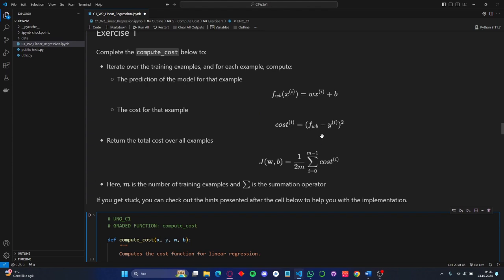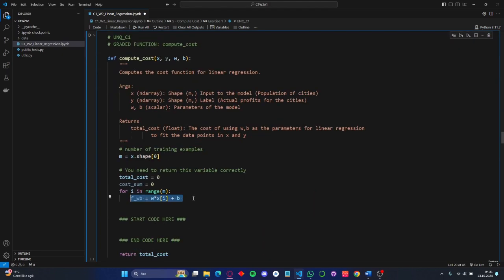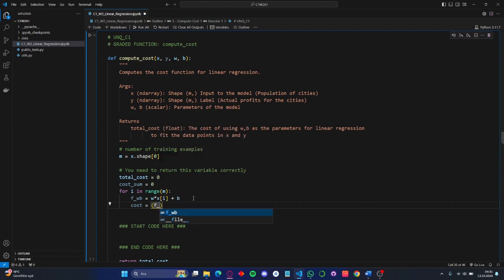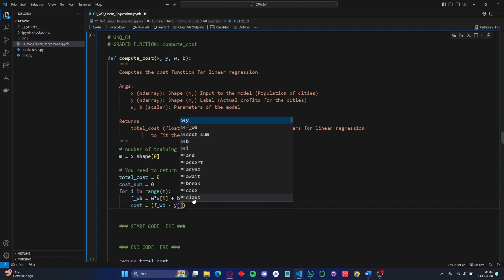For the cost function, it's f minus y, and we square this. I will write it like that: minus, and the square of this.